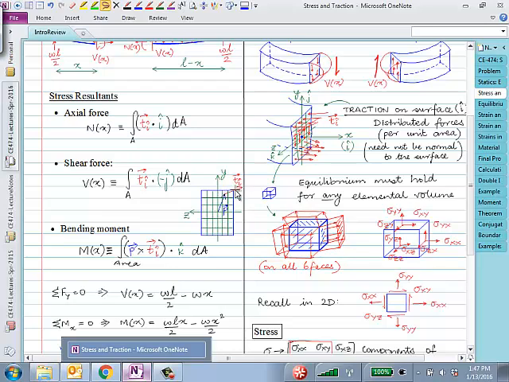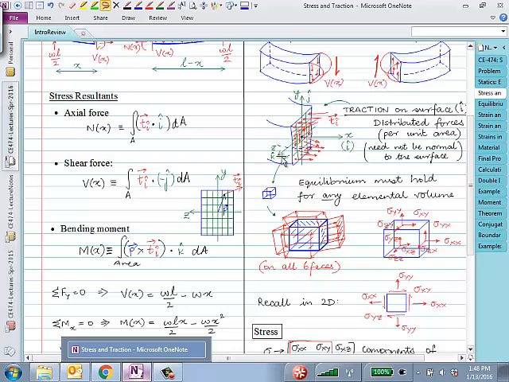R cross F. Does that ring a bell? So R cross F is the three-dimensional moment of this traction about this point. That's what this is, P cross Ti. That's R cross F. And I take a dot product of that three-dimensional moment in the K direction.